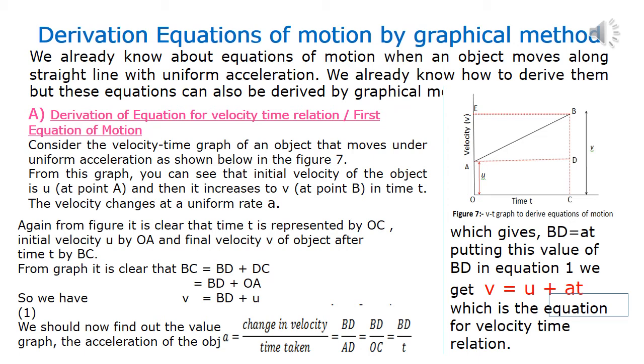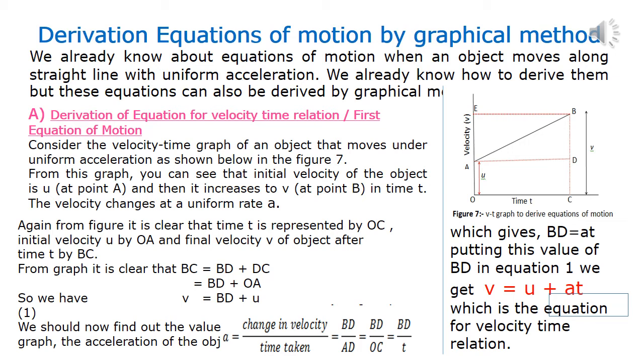Now from the graph we can easily say that the line BC is equal to BD plus DC. Because AD is a perpendicular drawn from point A on BC, ADCO is a rectangle.